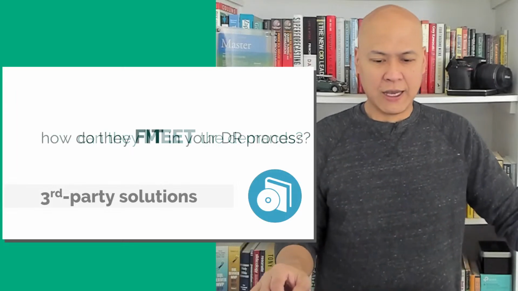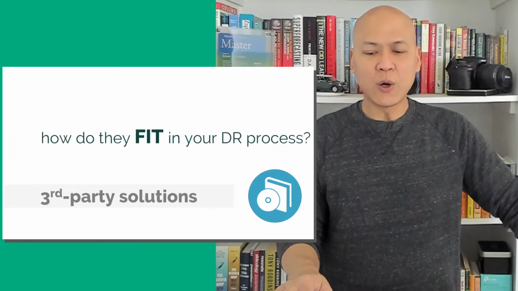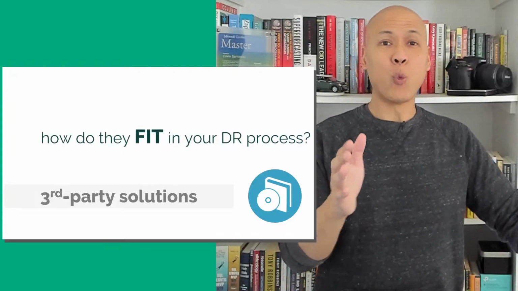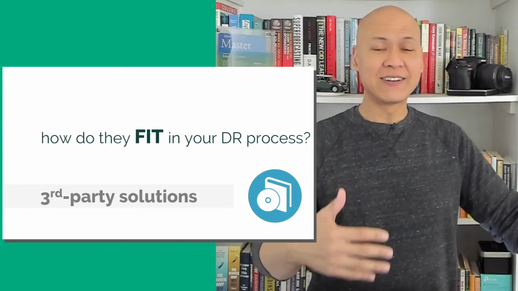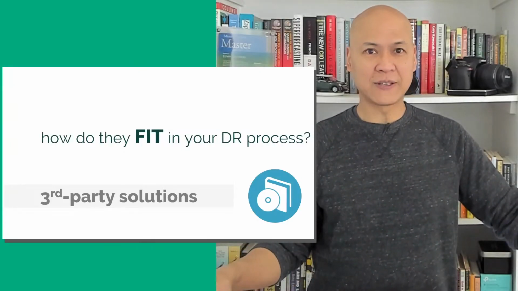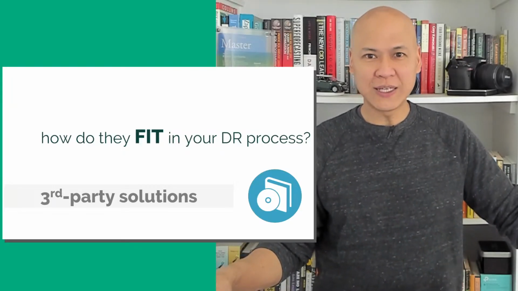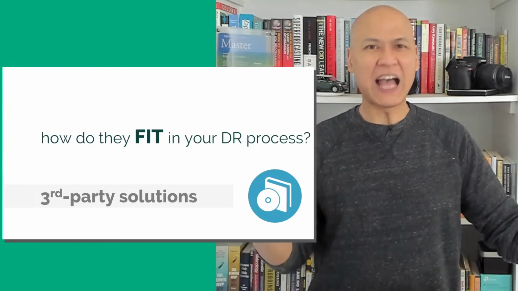Okay. What else? How do they fit in your DR process? On the assumption, of course, that you have a well-written, validated, and tested DR process. This is going to be part of what you need to evaluate.